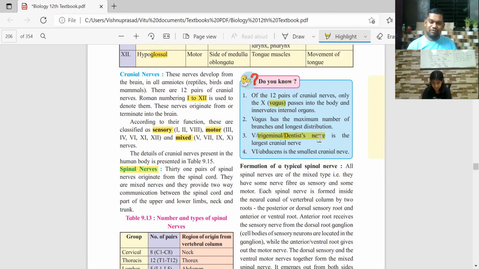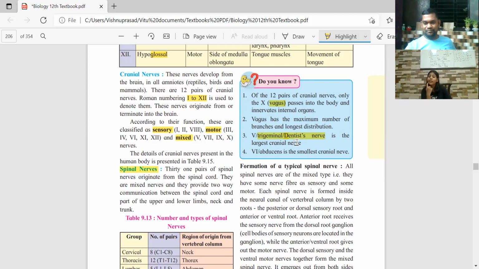Sometimes dentists have to pull out teeth with the roots, so they have to give anesthesia to the trigeminal nerve, which numbs it completely. Even if you apply clove oil, you get a numbness sensation. Recollect, the trigeminal nerve, the fifth cranial nerve, is the largest.